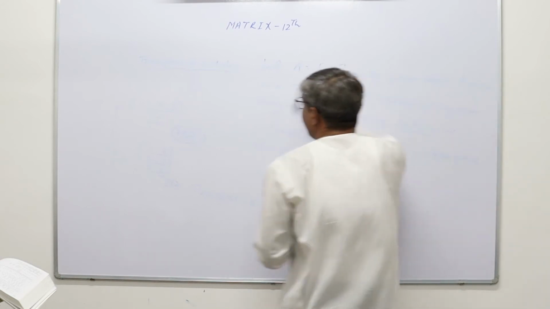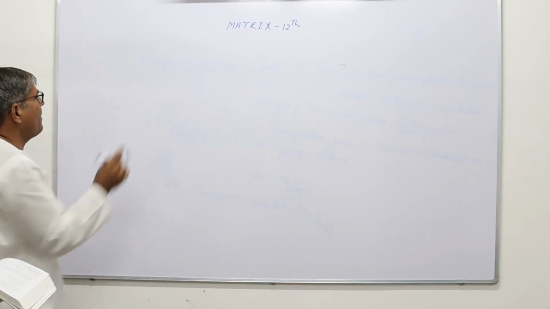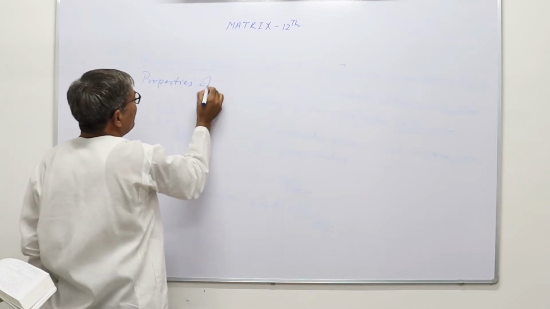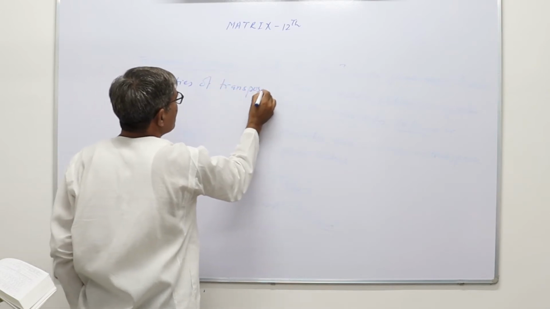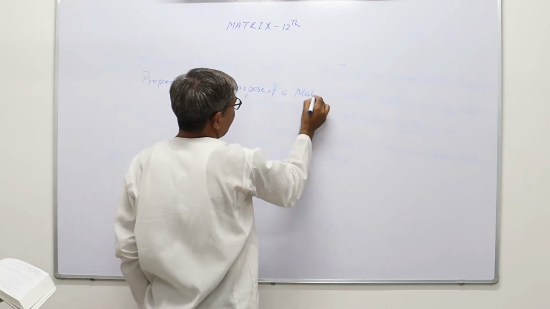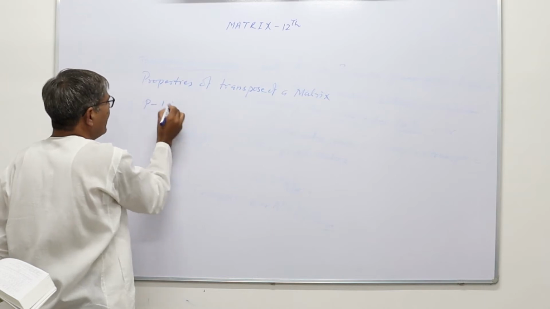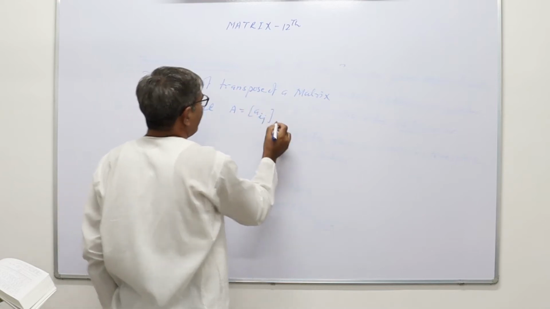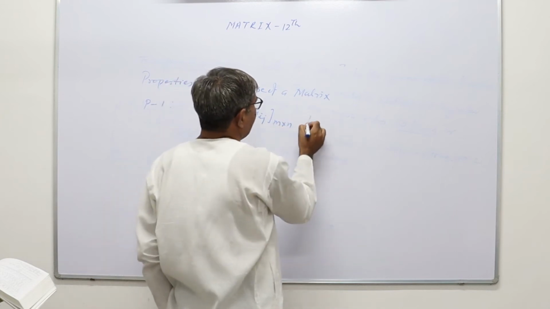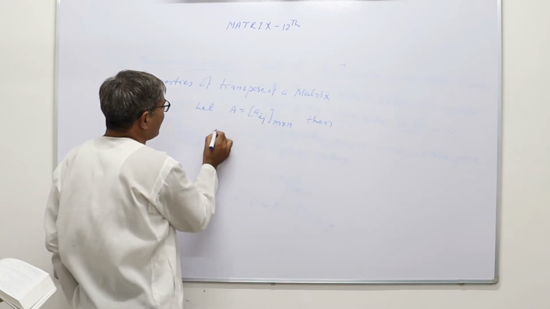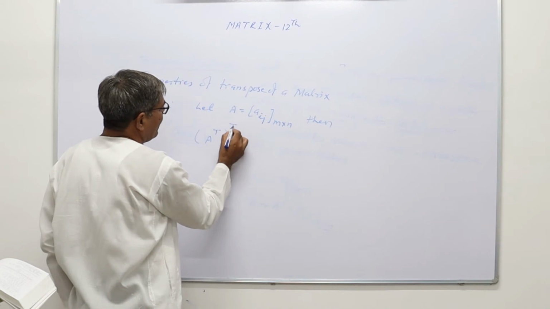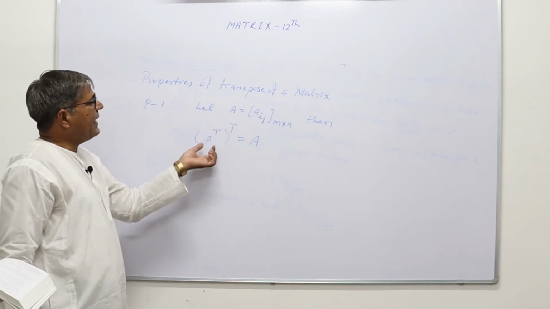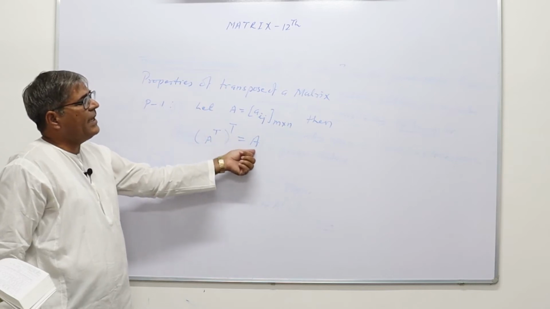The first property: let A = [Aij] be the given matrix of order m cross n, then the transpose of the transpose of the given matrix A, that is (A^T)^T, will be equal to A. If we find the transpose of the transpose, it will be equal to the given matrix.